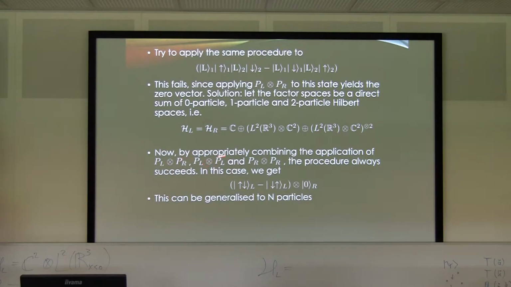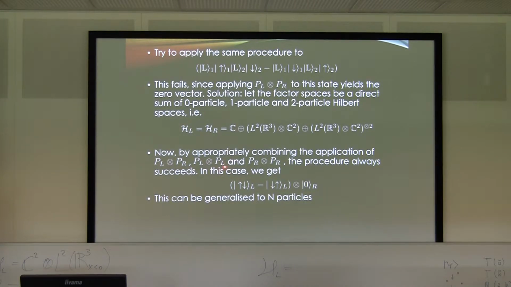And now, by appropriately combining the application of this first set of projectors we have, but also the BL tensor BL and BR tensor BR procedure, I'm now kind of hand waving, but I think it always succeeds.